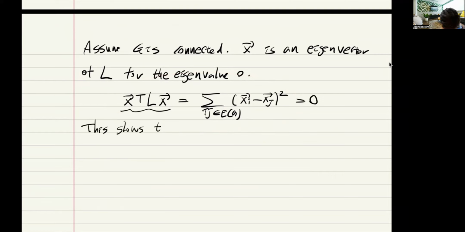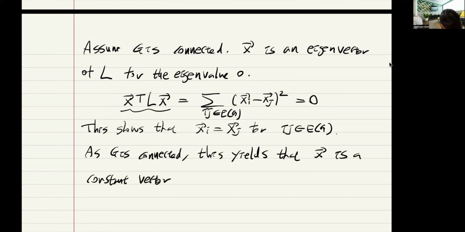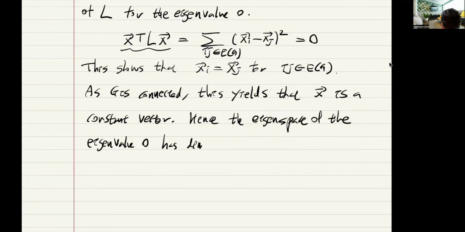This shows that x_i and x_j are the same for all edges of G. As G is connected, this shows that x is a constant vector, so the eigenspace of the eigenvalue 0 has dimension 1.